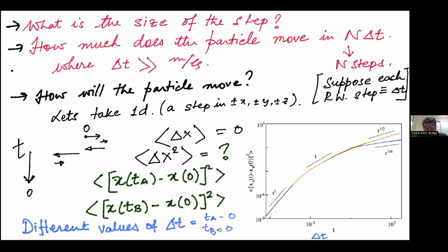Why can you average over time? Suppose this was your origin, and from here you calculate n steps, time ta. Let's say time ta is 1000 seconds.